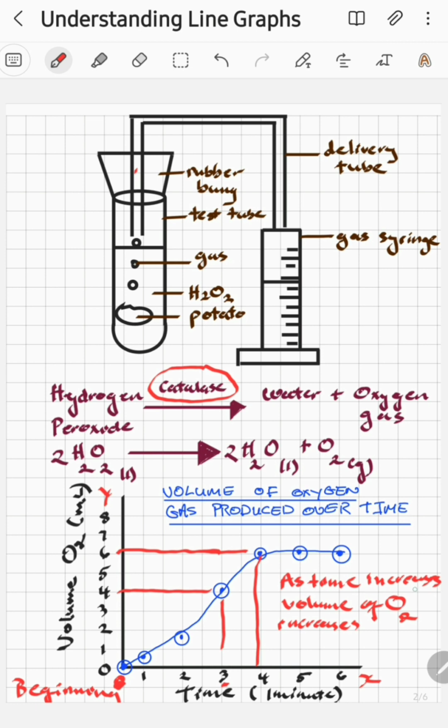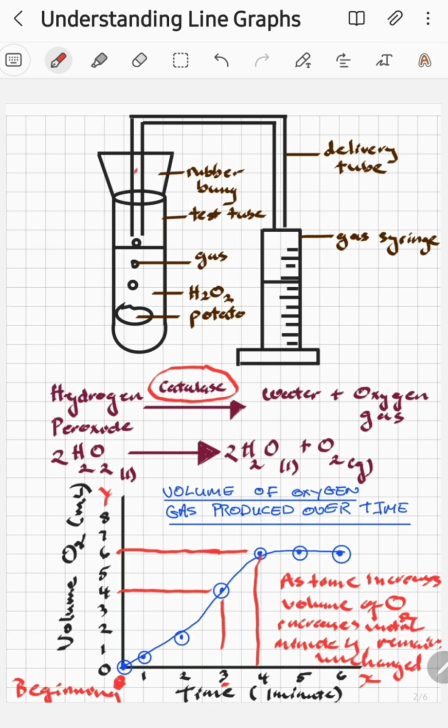We say as time increases, the volume of oxygen gas increases until minute 4, then it remains unchanged.